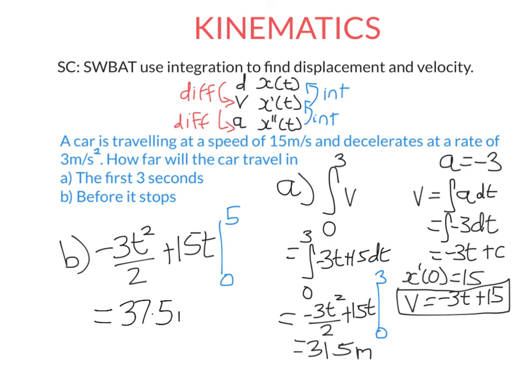Once again, if I substitute t equals 0 here, I get 0. So actually, the car has traveled 37.5 meters in 5 seconds. And this is the total distance it will travel before stopping, because it stops when velocity equals 0. And velocity here will equal 0 when t is equal to 5.